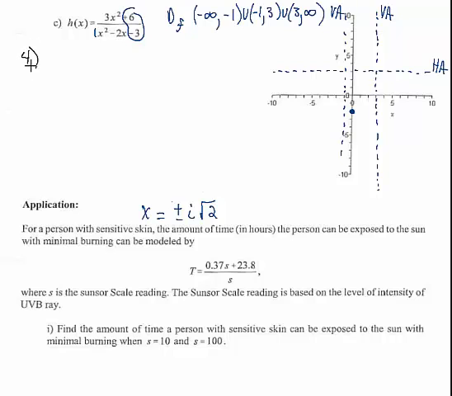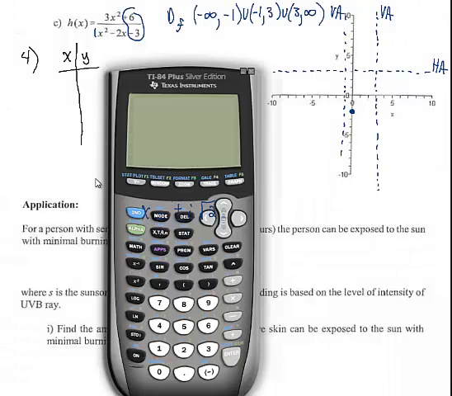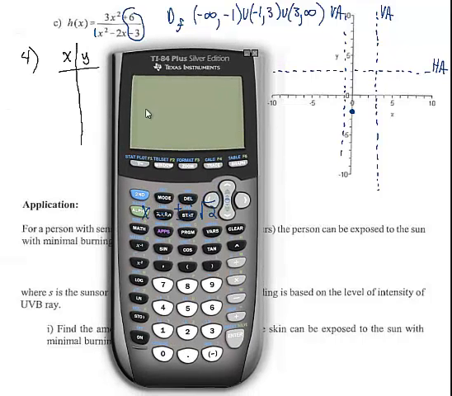Step 4. I am going to cheat this time, and I'm going to use my calculator to find some points on the graph of this curve. Let's see, we go to the y-editor, clear, parentheses around the numerator and parentheses around the denominator.